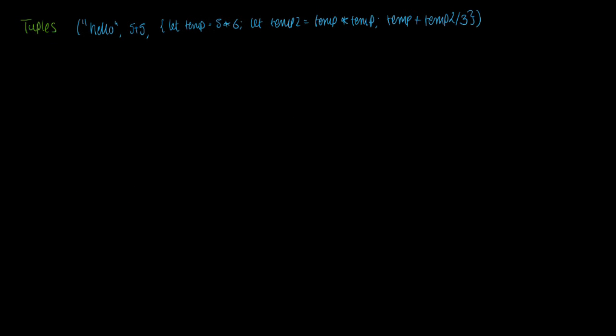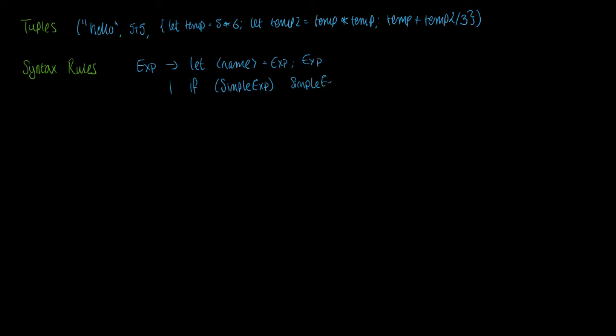We could even try to come up with our own little syntax rules for a Reason program. So we can say an expression is let a name equal expression, semicolon expression, or if parentheses simple expression, another simple expression, else a simple expression, an expression op another expression, or a simple expression.